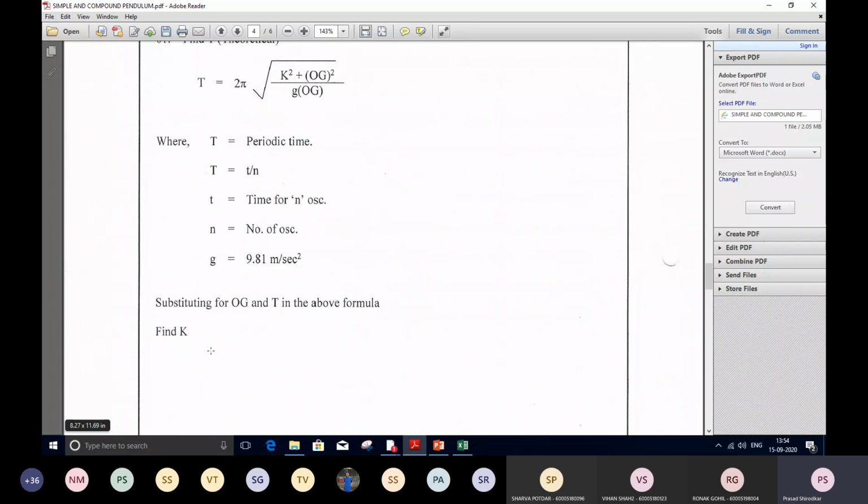Again take a picture and upload the response in the same assignment. You are allowed to upload multiple files for the same assignment. So again do the derivation and find out the expression for k square.